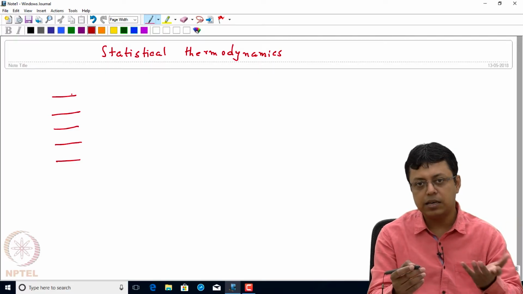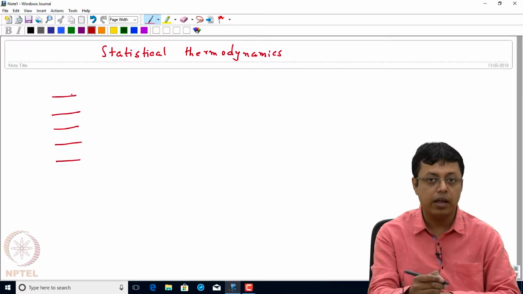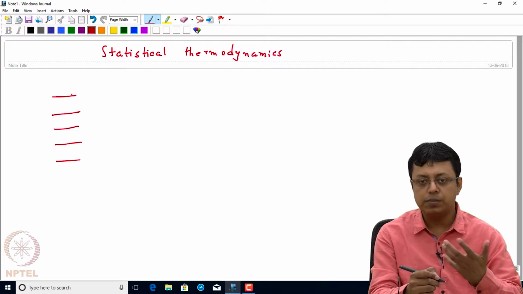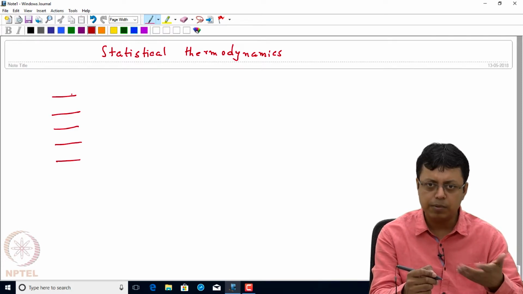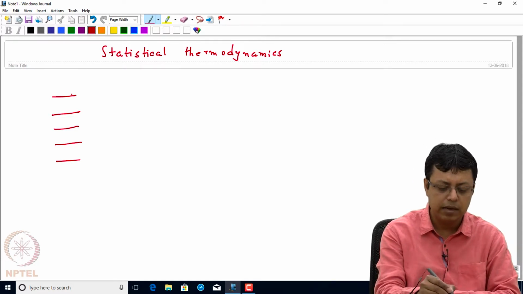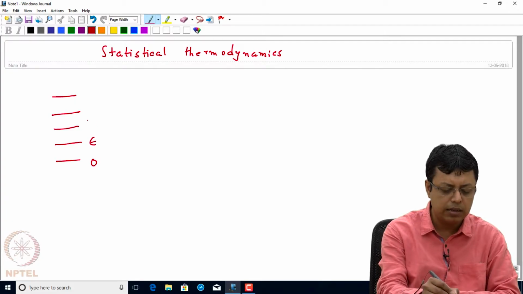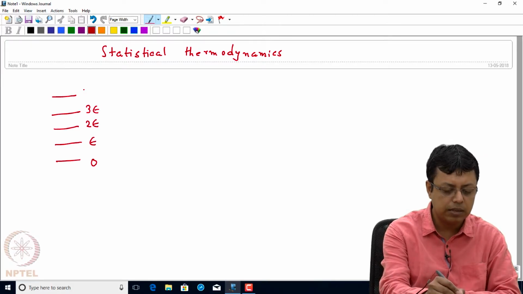Now particle in a box energy levels are of course not the way I have drawn it. They are not equispaced, but suppose the molecules have equispaced energy levels. For example, vibrational energy levels are like that, and suppose these energy levels have energies like this: 0, epsilon, 2 epsilon, 3 epsilon, 4 epsilon, and so on.